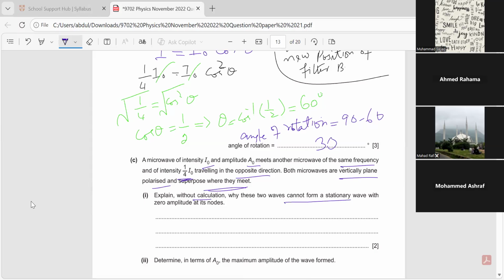My dear friends, just in the last paper we discussed one question where we said that for stationary waves they should have the same frequency, the same amplitude, moving in the opposite direction along the same line, and superpose or overlap to give rise to a stationary wave. Here the problem is amplitudes are not equal. You may be thinking, sir, why are amplitudes not equal? Initially intensity is I naught, then it has become 1 over 4 I naught.